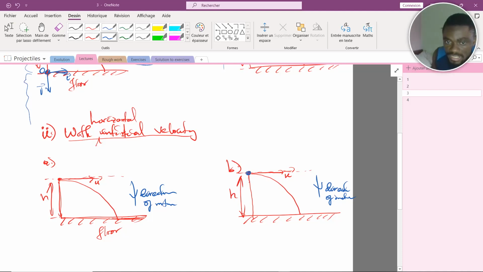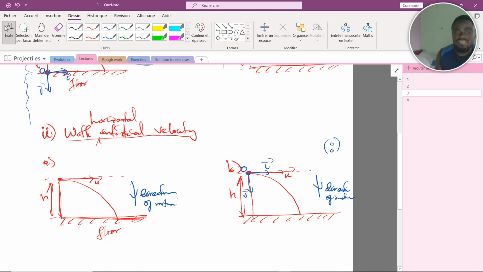So I'll mark this point and call it O, which is the point with coordinate 0, 0, the origin. Is that okay? From there, I'll look at my direction of motion. How is my direction of motion? It is going downward. So my positive j will be like this, and my i I will leave like this. Is that okay?